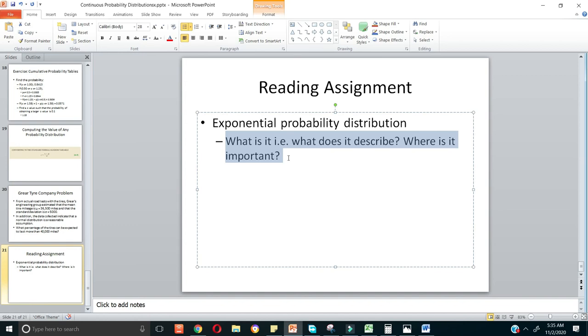I'm not going to go into details for this. Going forward, we're going to be using the normal probability distribution a lot, so that's what you're going to concentrate on. But you have to be aware of this to know exactly where you apply it. So that's it for chapter 6.